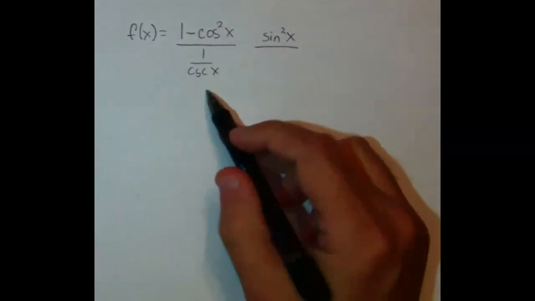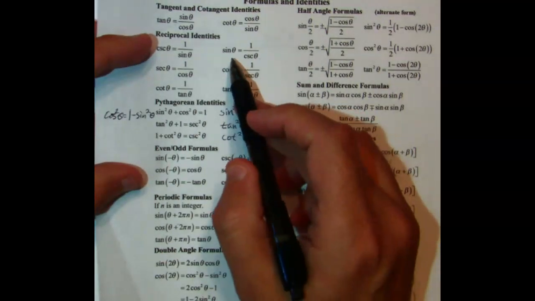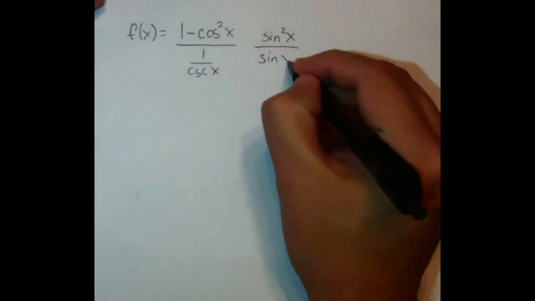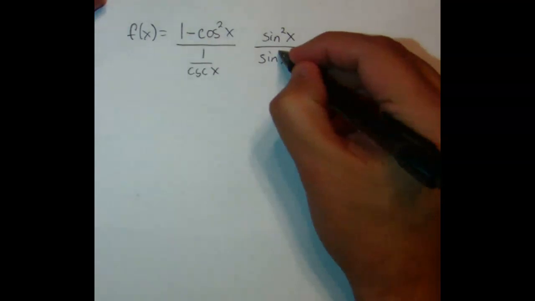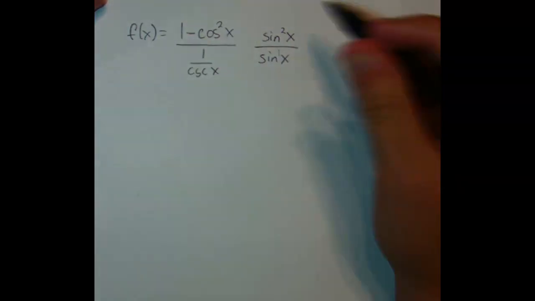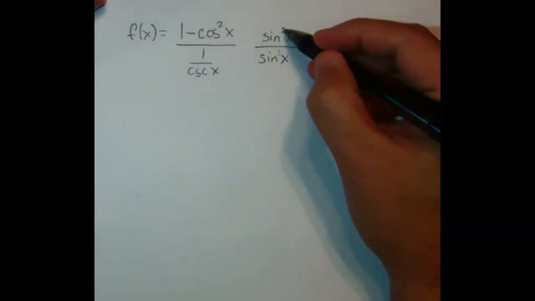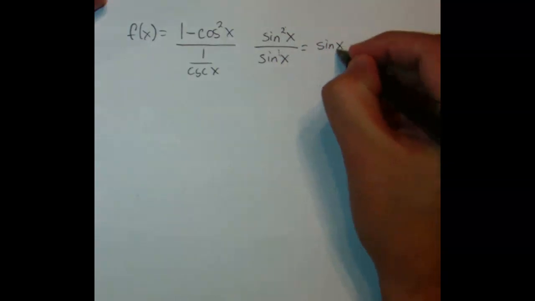Now we have 1 over cosecant x. 1 over cosecant x is equal to sine x. Now, since this is a 2, and this would be understood as a 1, and we have a numerator and denominator, we subtract. 2 minus 1 is 1, and our answer is sine x.